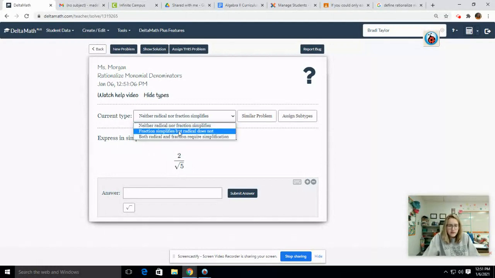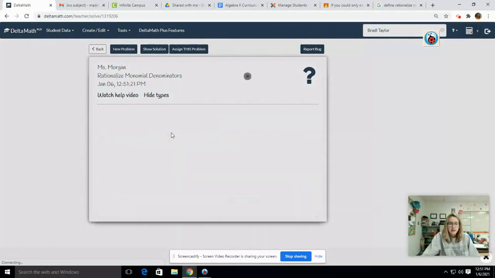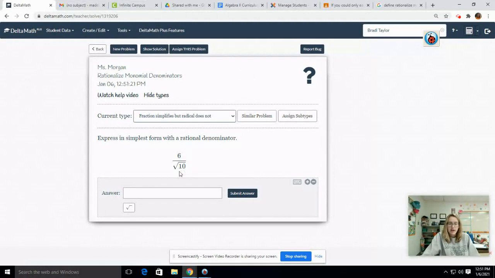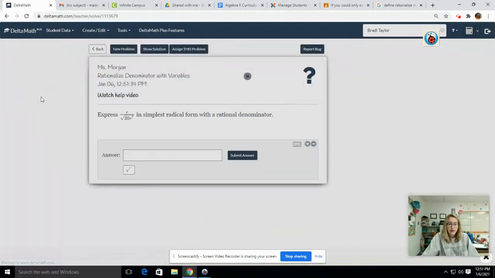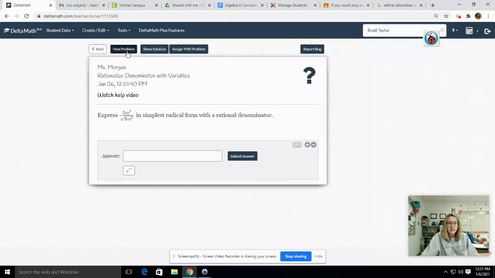Some of them are already going to be given in simplest form, so you're just going to have to recognize that. Some of them you'll have to solve and then simplify, and some of them, the radical and the fraction require simplification. So we'll do some of those, and then we'll also have some with variables, like the ones we just did in our last couple examples. We'll have a couple of these to do.